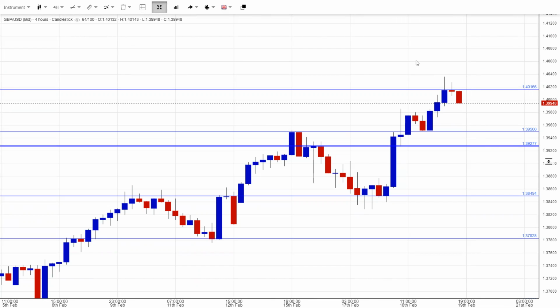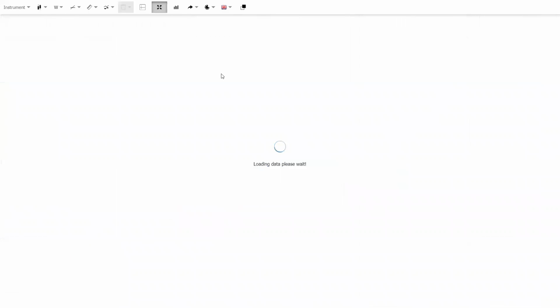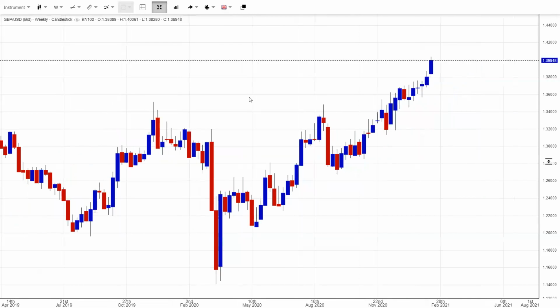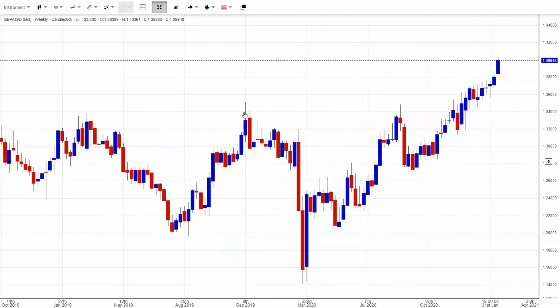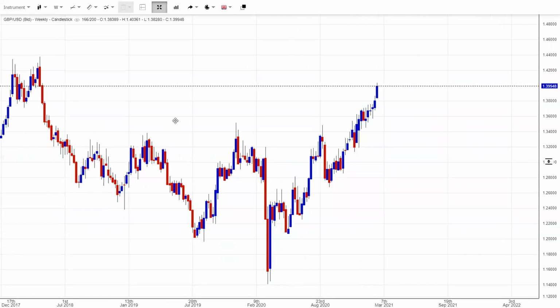All right, so let's head on to the weekly chart, and there you go. We can see that the uptrend is really strong. However, I expect a major pullback anytime soon.